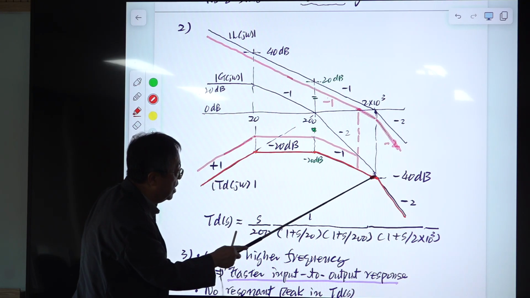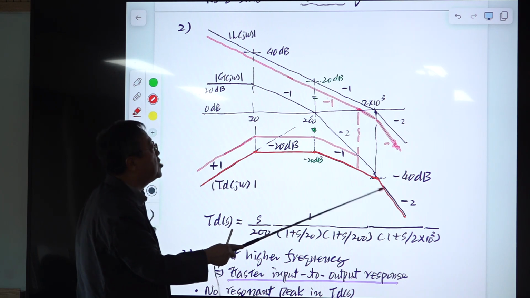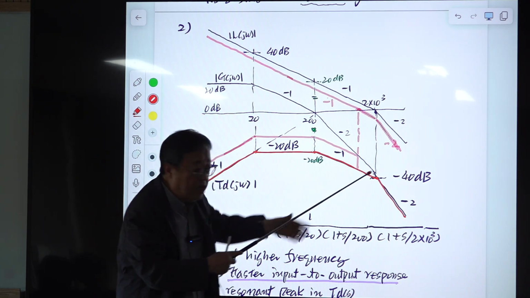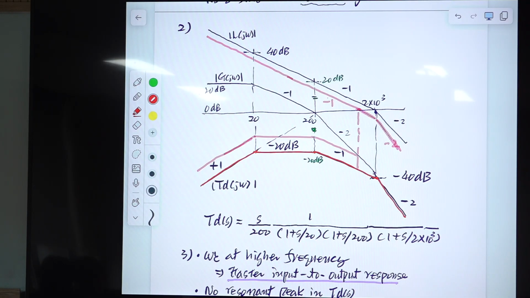So it follows a minus 2 slope. If they don't match, suppose for some case, this minus 2 slope of this one occurs here, something like this, then it will be doing like this.